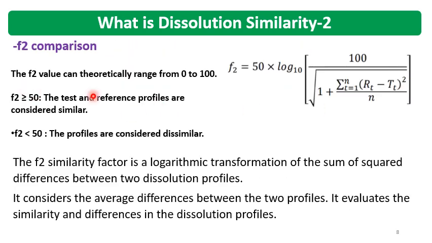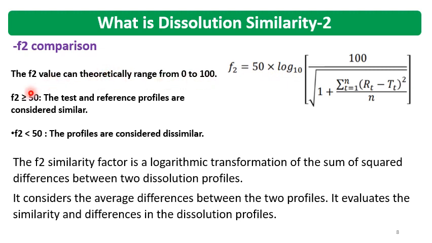So F2 comparison involves a calculation based on log conversion of the difference of dissolution values between reference and test, and this calculation will give you a value from 0 to 100.